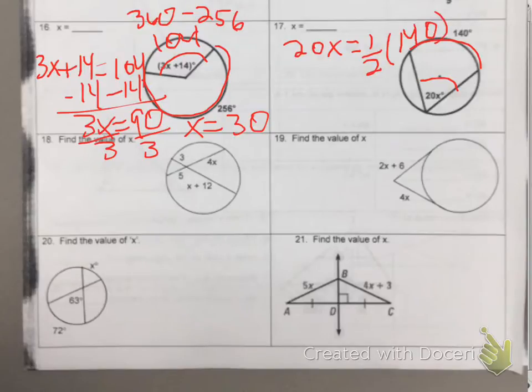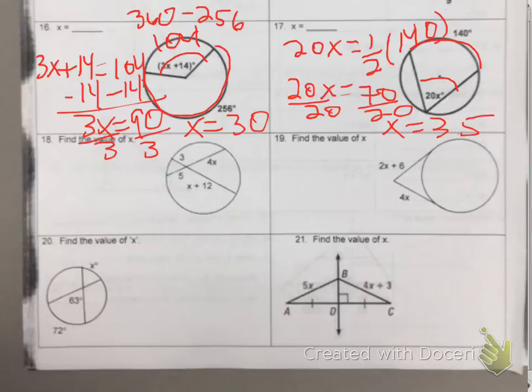So from here, I go 20x equals half of 140, which is 70. Divide that by 20. And that gives me x equals 3.5. All right, so pretty easy. Just know your inscribed angle rules.